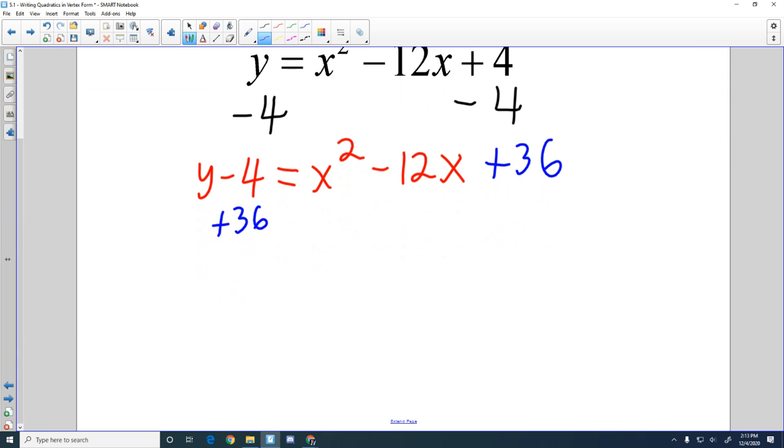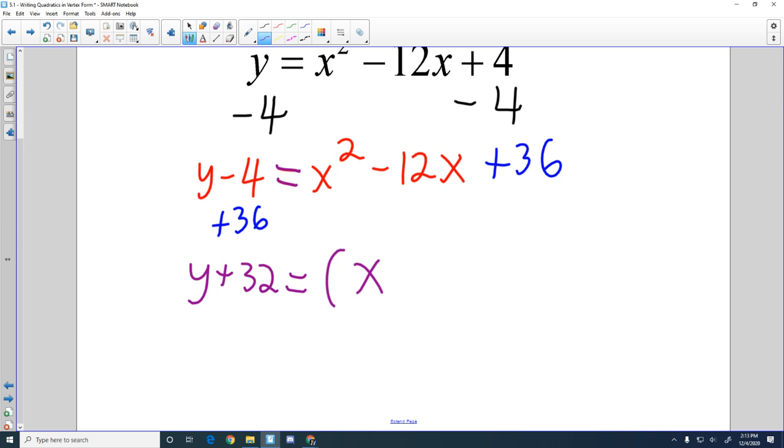On the left side, 36 minus 4 gives me 32. Wait, don't you subtract it? Not yet. Since this is your equal sign, think of it like a teeter-totter. If I add 36 to one side, I have to add 36 to the other side. Then you go like this, and I'm done.